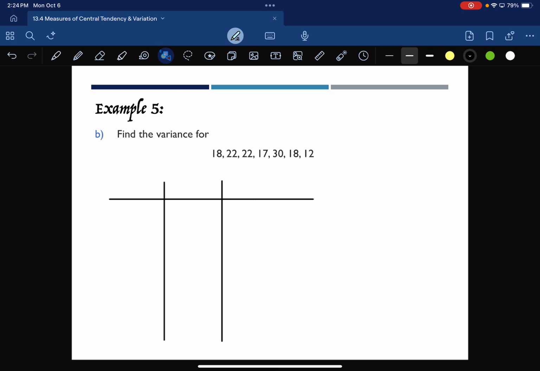Okay, so we have all of our x values. I'll just label it x this time. 18, 22, 22, 17, 30, 18, and 12. That's much better. And in this step right here, I want them subtracted, and I don't really care about the sign.